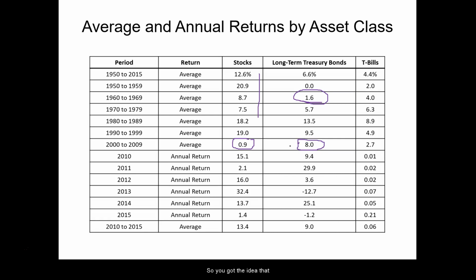So you get the idea that overall, again, stocks return look higher, but if we look at different years, stock returns can experience more ups and downs and are considered more volatile. That also tells us, in addition to looking at the average return across different years, we also need to understand the volatilities in the returns.